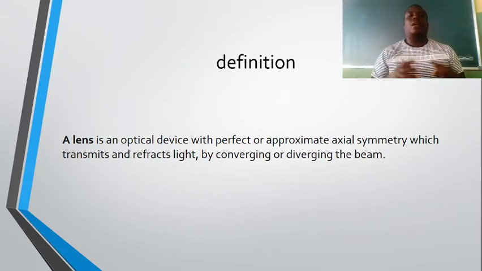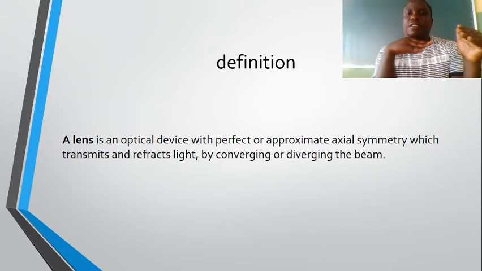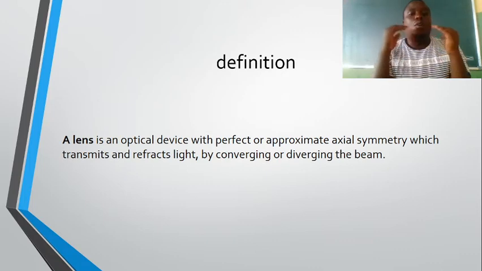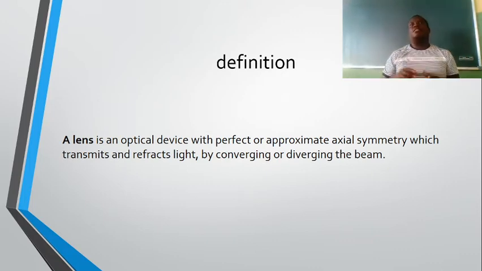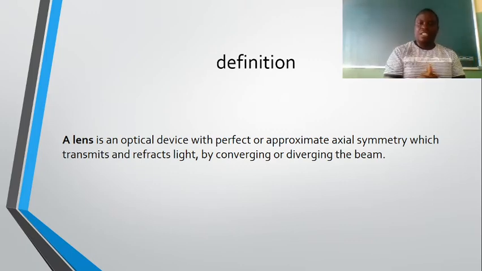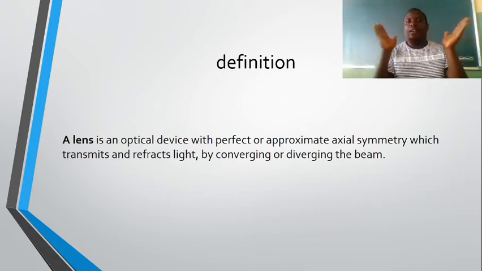So a lens is an optical device which transmits and refracts, meaning it transmits light from one medium to another and affects the direction of light in a given way, by converging it or by diverging it.